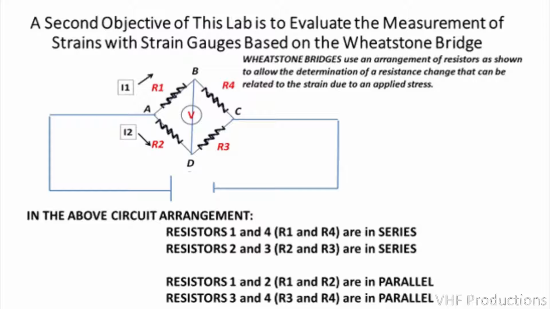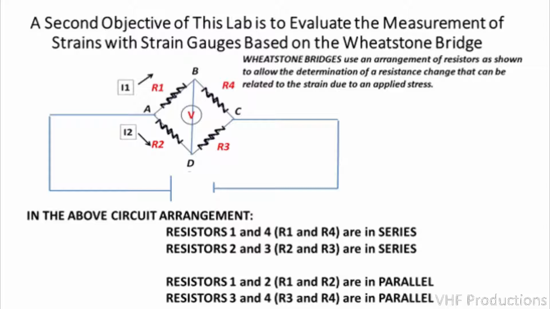This circuit requires at the start that the resistors R1 through R4 are identical in value. One of those resistors is then replaced with a strain gauge itself having the same resistance as the other 3 resistors in the circuit. Now if you consider inputting a voltage across pins A and C, current wants to flow along the path ABC as well as across the path ADC.